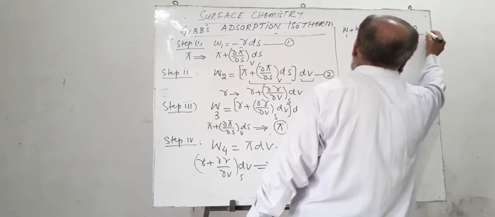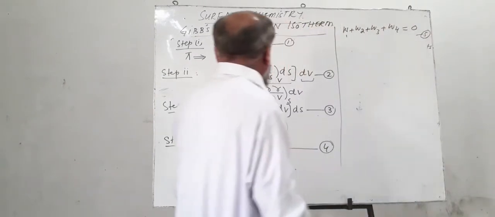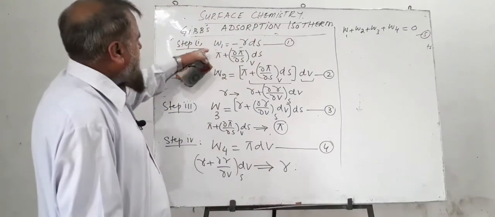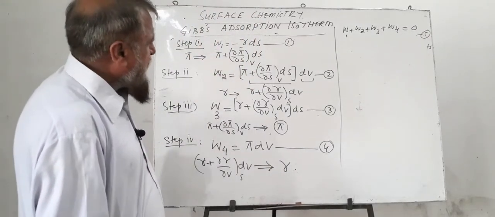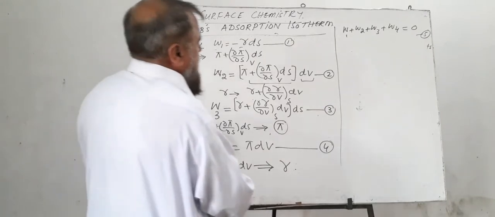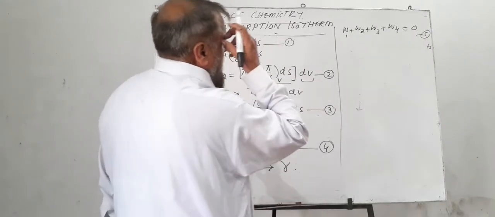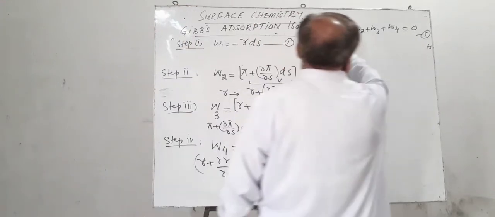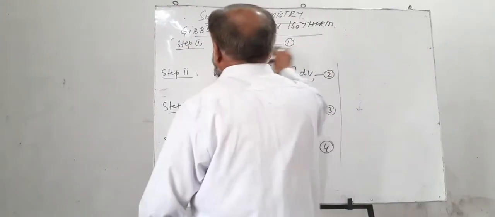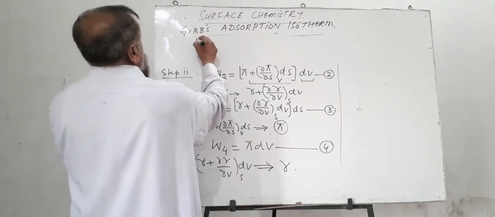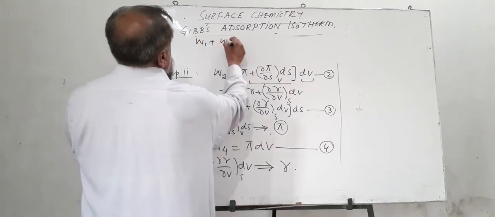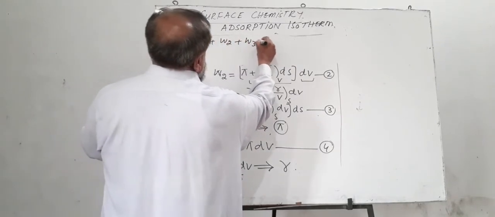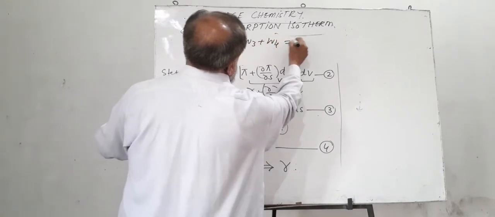Equation number 5. Putting the values of different works from equations 1, 2, 3 and 4 into equation number 5, we write W1 + W2 + W3 + W4 = 0.